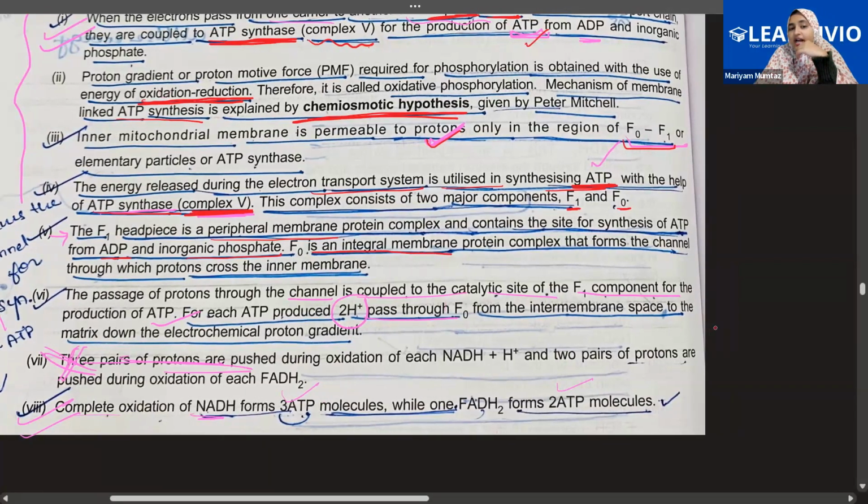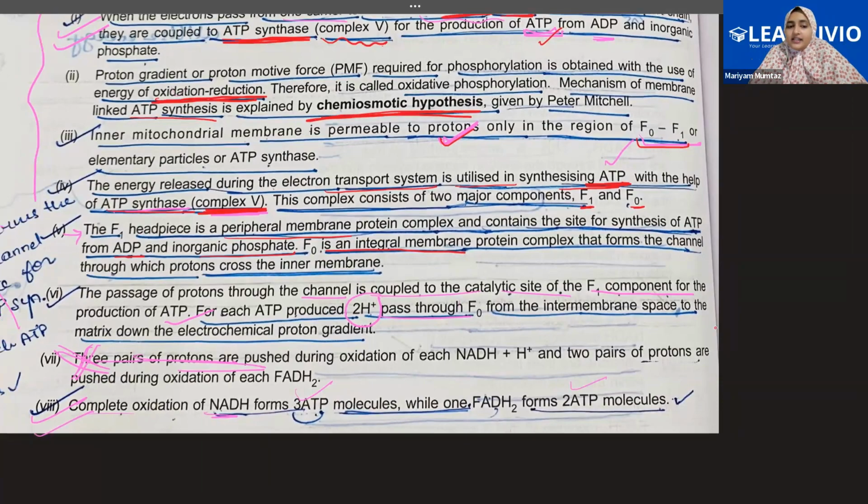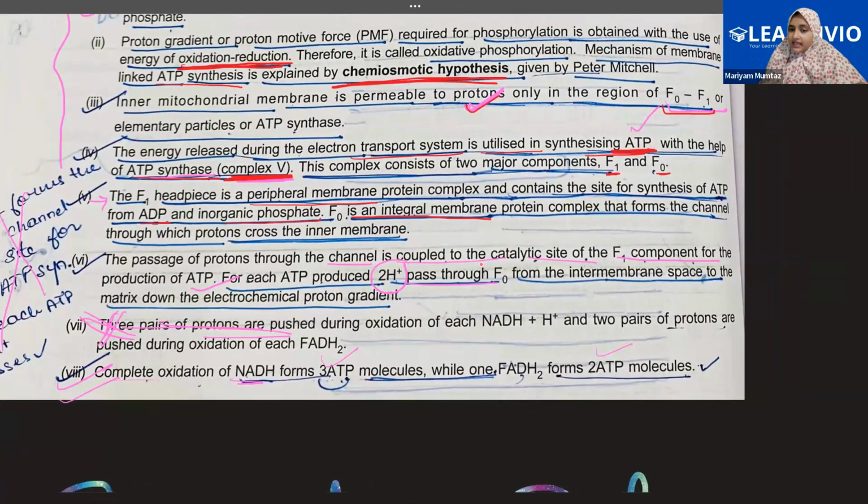So it forms the channel. Channel means the pathway through which the protons would travel. The passage of protons through the channel is coupled to the catalytic site of the F1 component. So whenever the protons pass through this ATP synthase, then ATP molecules are produced or synthesized.